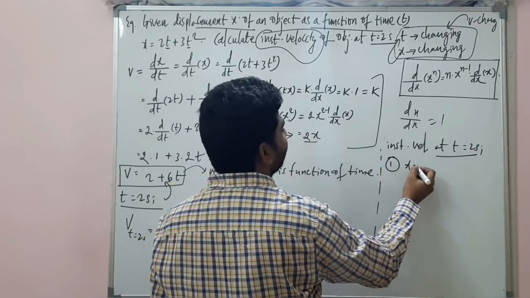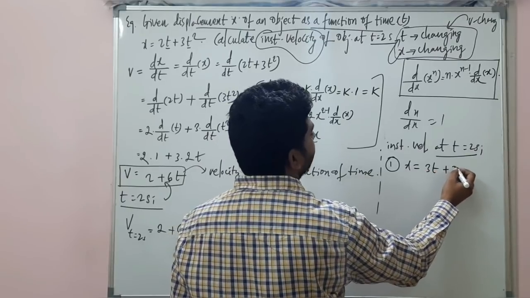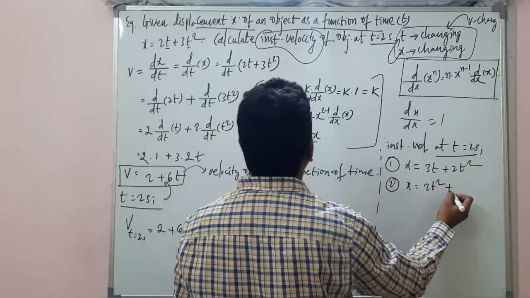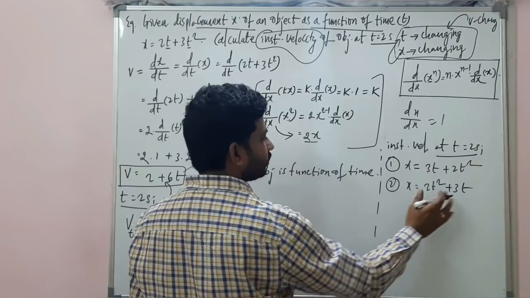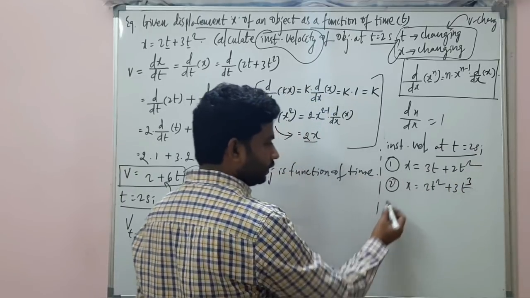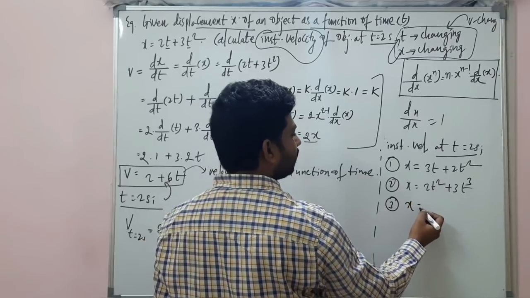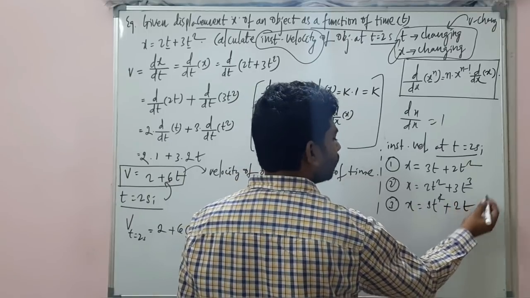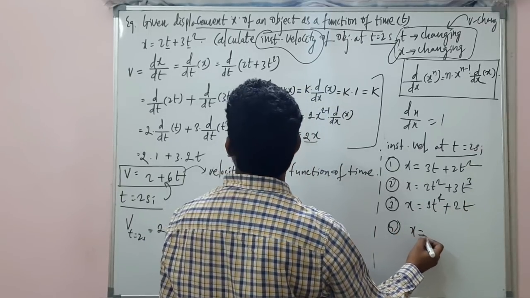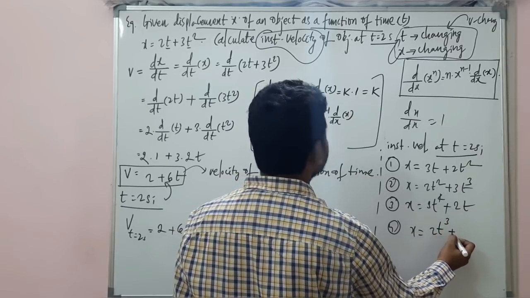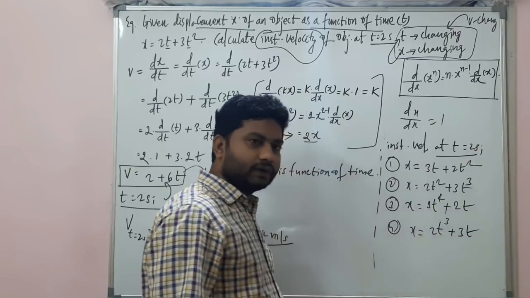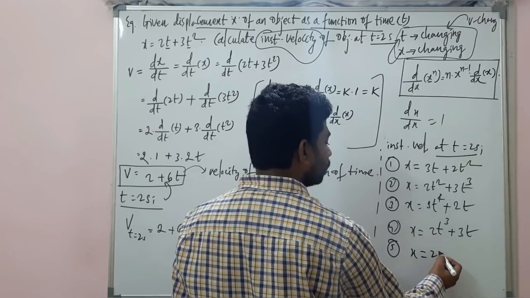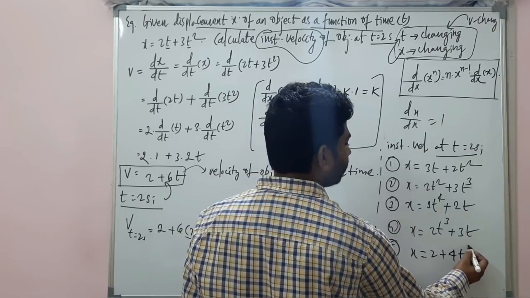In all these cases: x is equal to 3t plus 2t square; x is equal to 2t square plus 3t cube; x is equal to 3t to the power 4 plus 2t; x is equal to 2t cube plus 3t; and the fifth one, x is equal to 2 plus 4t to the power 4.